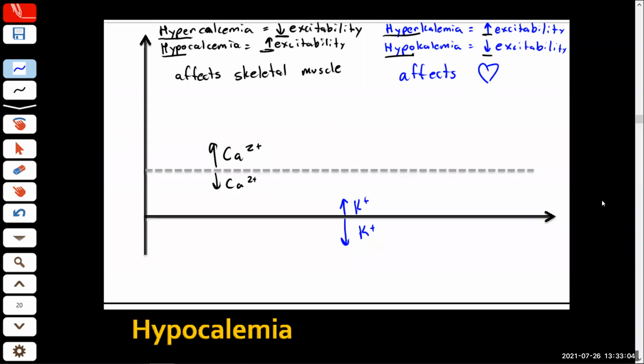Why would milk help? What about the calcium? I have more calcium. What happens to my threshold? It gets higher. So what happens to excitability if it's all the way up here? It's less excitable. So what will happen to your muscle? It'll finally relax.